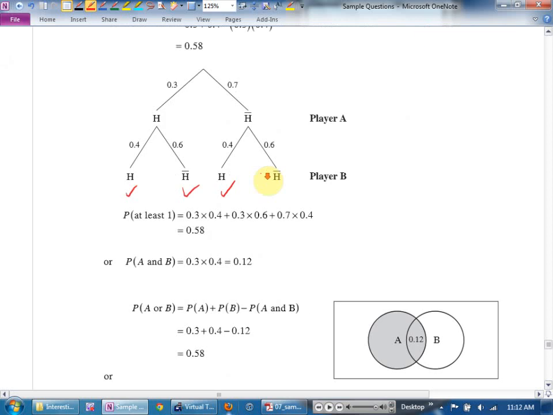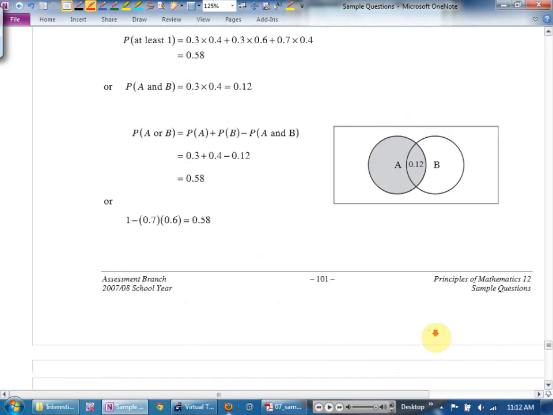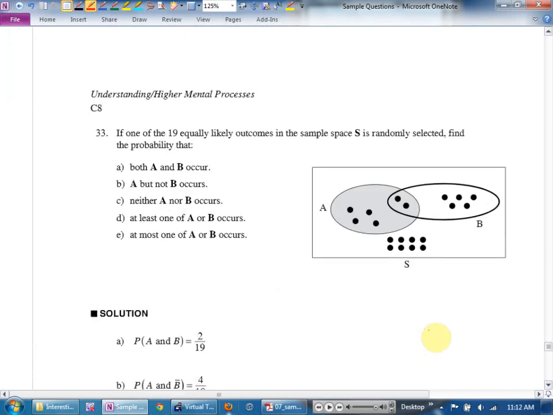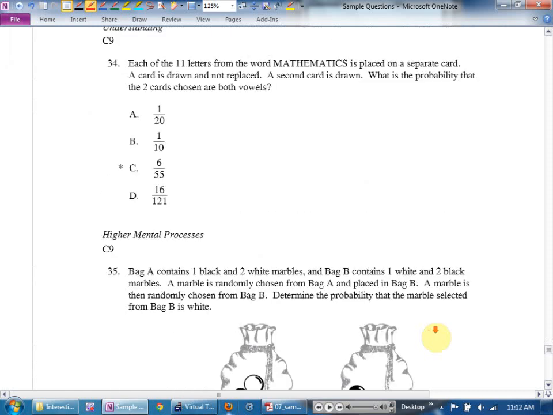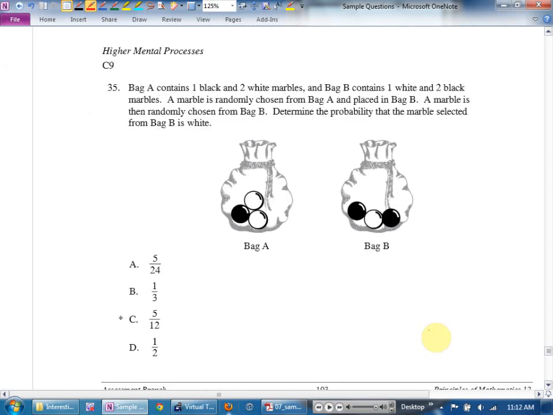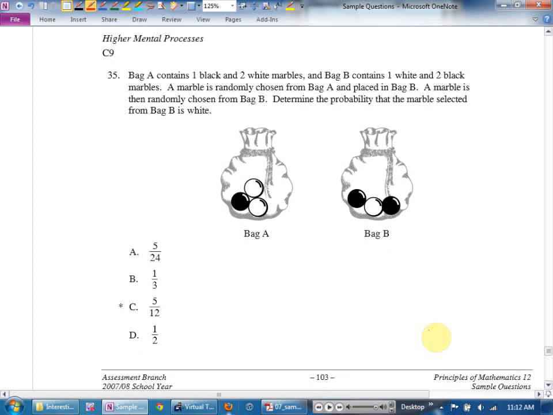So, here's an H question. Bag A contains 1 black and 2 white marbles. Bag B contains 1 white and 2 black. A marble is randomly chosen from bag A and placed in bag B. And then we're going to choose a marble from bag B. What's the probability that's white? Sounds ugly. It's actually not bad.